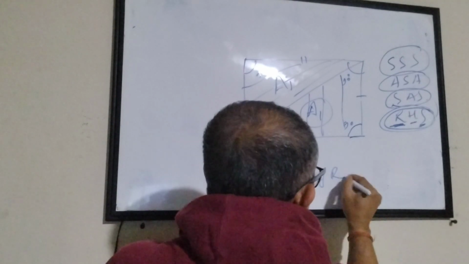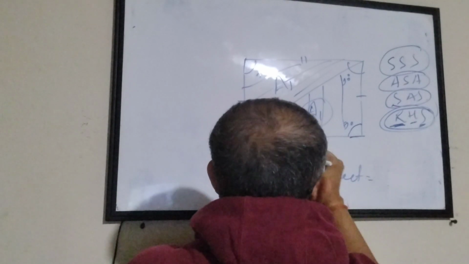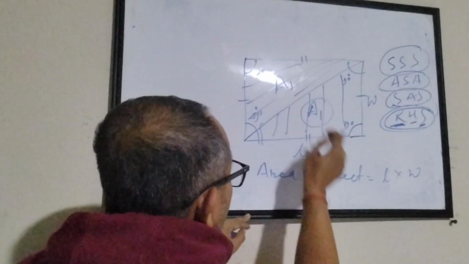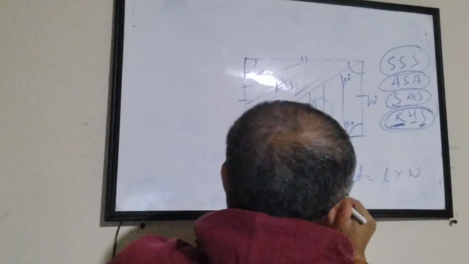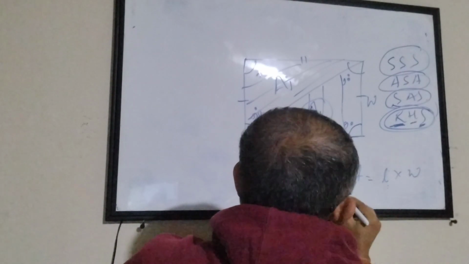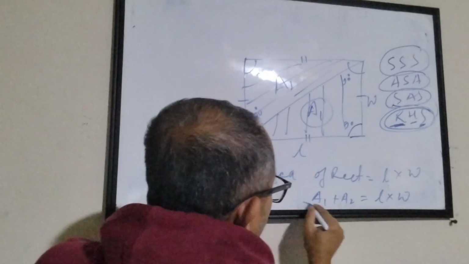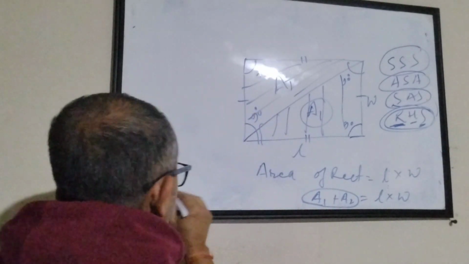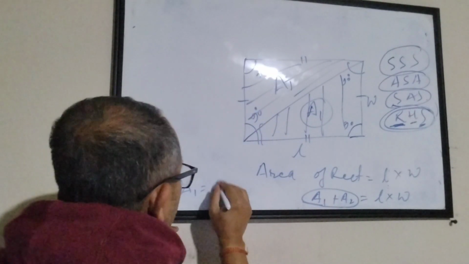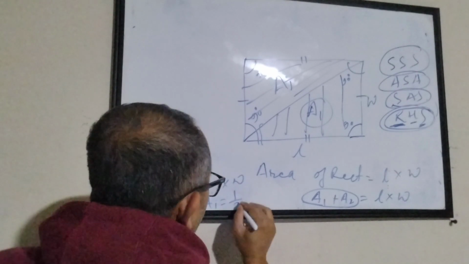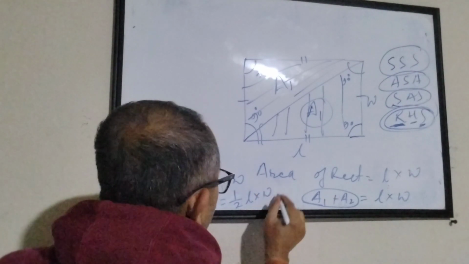Length times width. Here, what we see is the area of the rectangle is A1 plus A1, equal to length times width. Meaning 2 times A1 is equal to length times width, or A1 equals half of length times width.